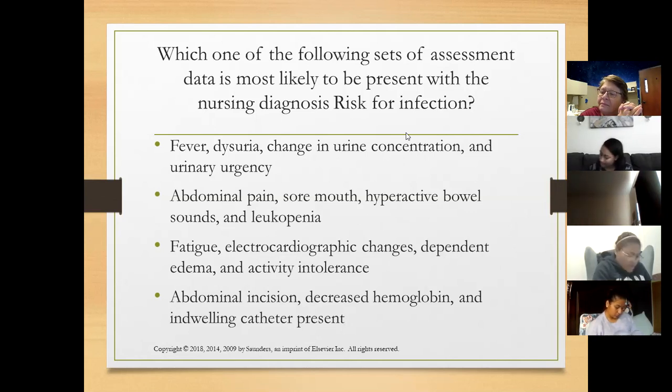Choosing the appropriate diagnosis. Okay, we've gotten our appropriate diagnosis, and that's going to be related to something, right? So we have to find the problem and what's causing the problem. That's the second step. And the third step is putting down all the signs and symptoms we have that tells us, yes, this is what the problem is and what's causing it.